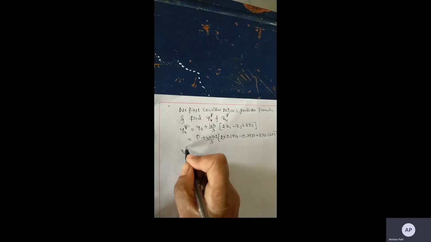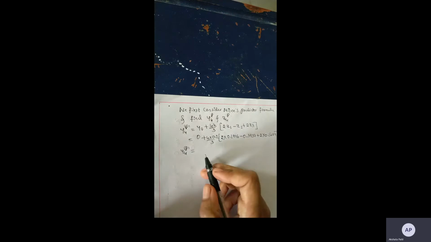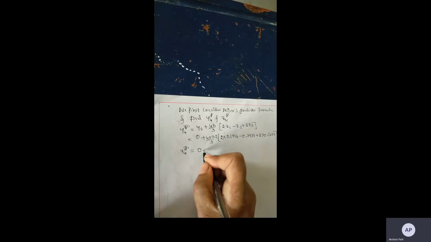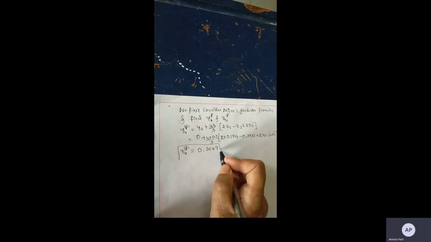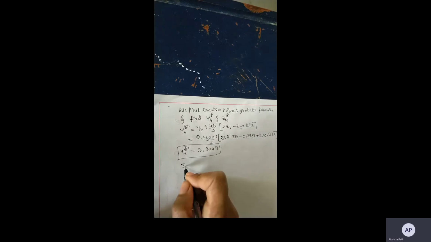Okay, now let us calculate y4 of predictor value. After simplification, you will get y4 of predictor value is 0.3049 here.